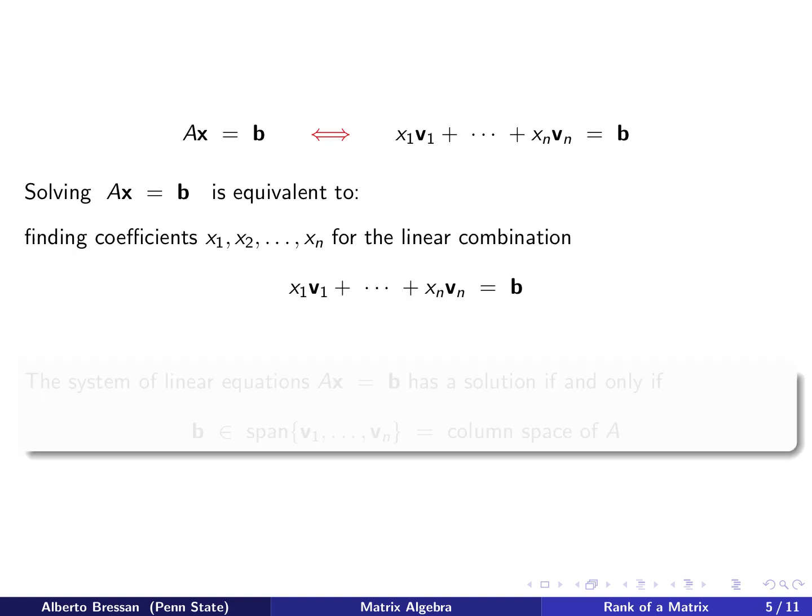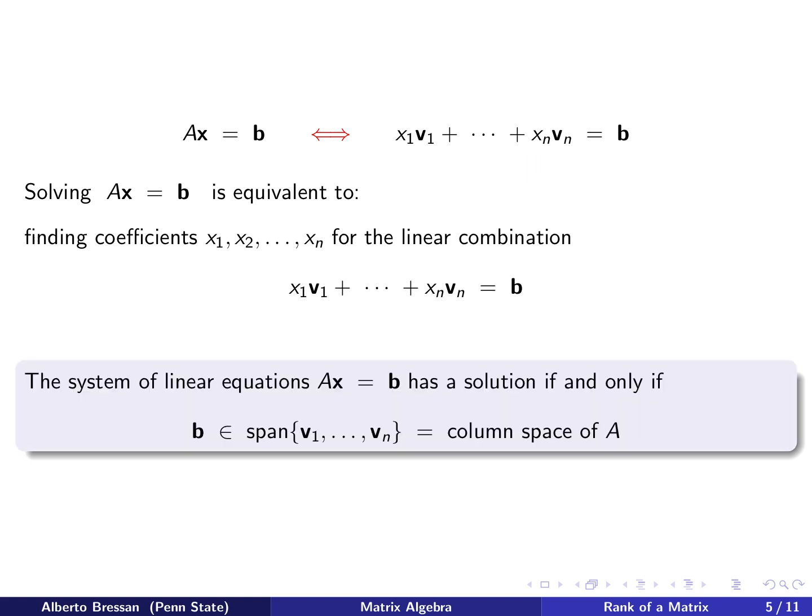Okay, so here we write it out. Ax = b is equivalent to finding coefficients xi such that this linear combination equals b. Now, this poses some restraint on whether you have a solution or not.